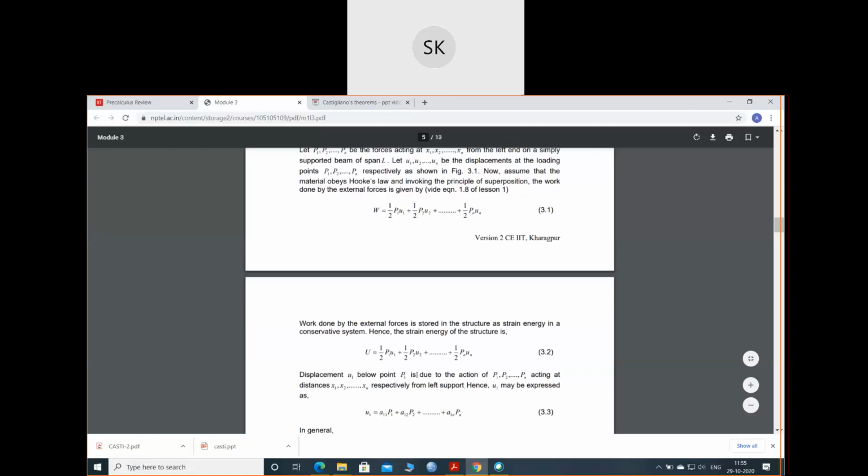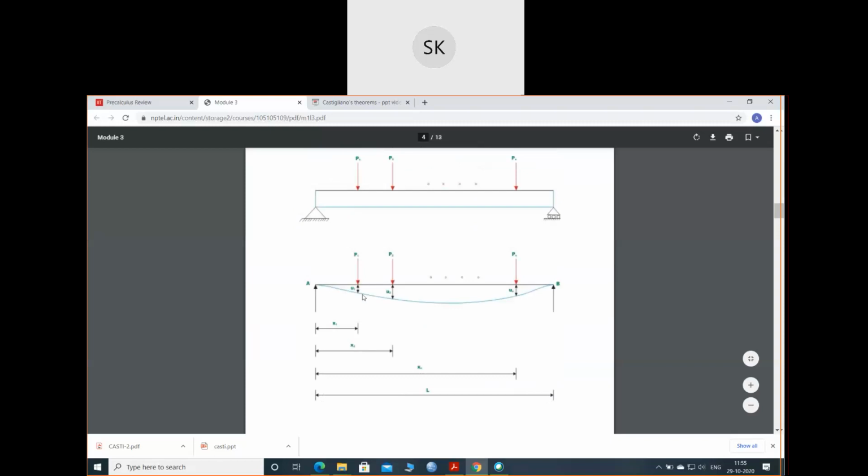Displacement U1 is due to the action of P1 till Pn. So you are seeing the displacement at U1, the displacement at P1 at this position. The displacement of this U1 is basically due to all the loads.